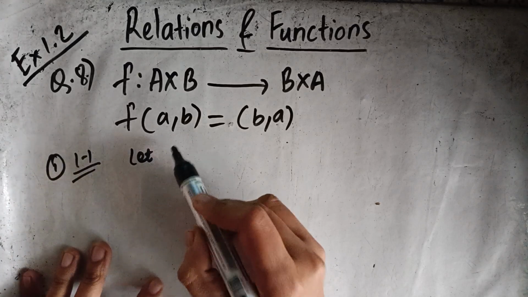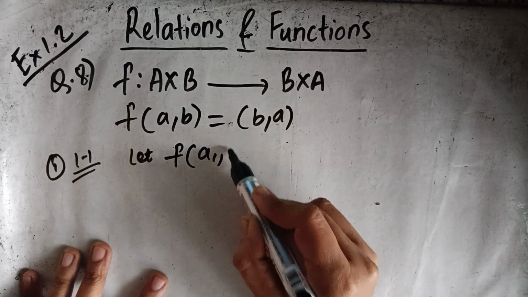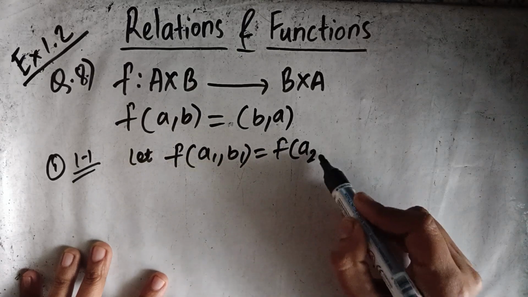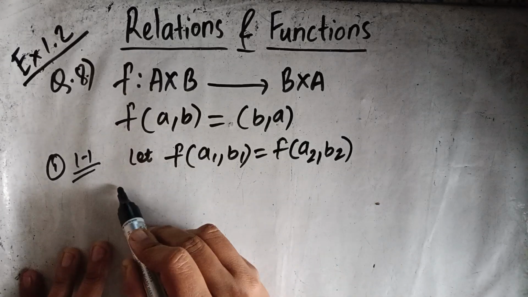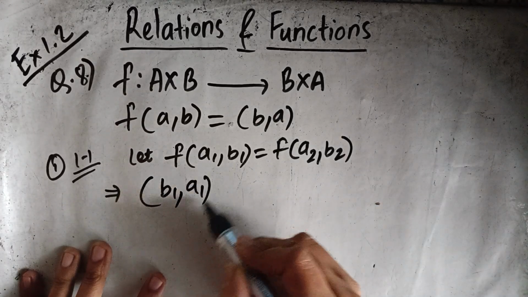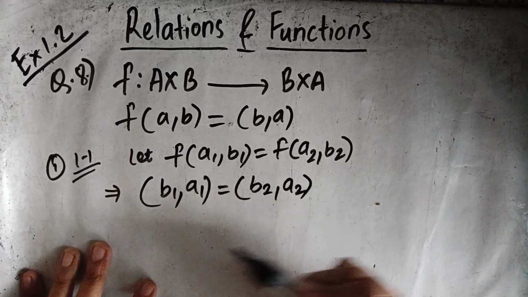Let f of (a1, b1) be equal to f of (a2, b2). So this will be (b1, a1) equal to (b2, a2).